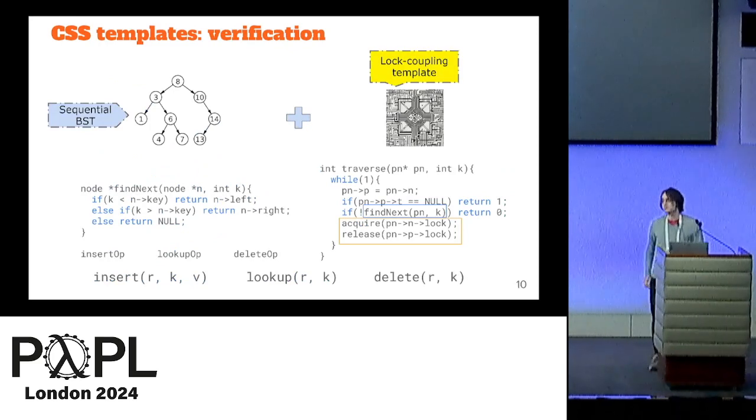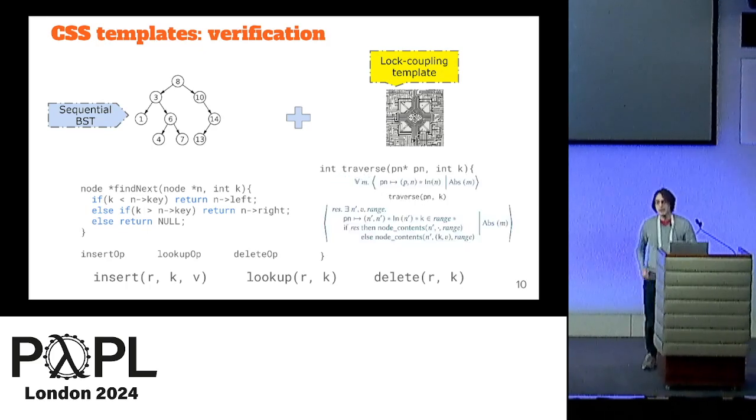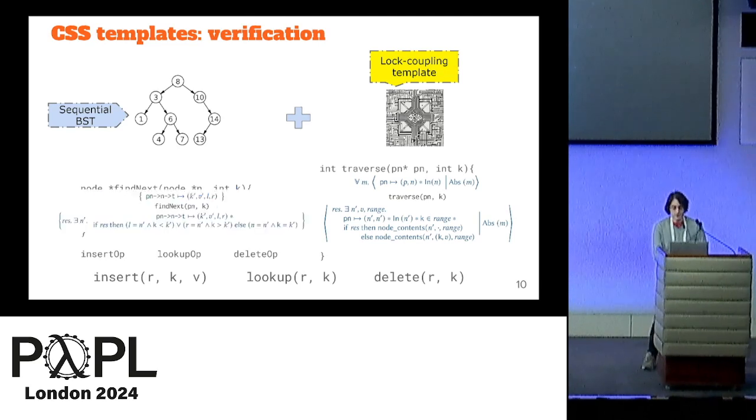And then to verify our, in this case, lock coupling concurrent binary search tree, we needed to prove these specs by proving for the traverse function a somewhat more complicated atomic specification, and for find next and the other data structure components, ordinary sequential Hoare triples describing their effects on the data structure.